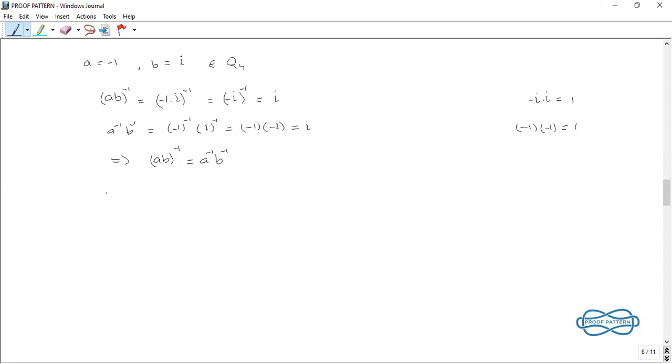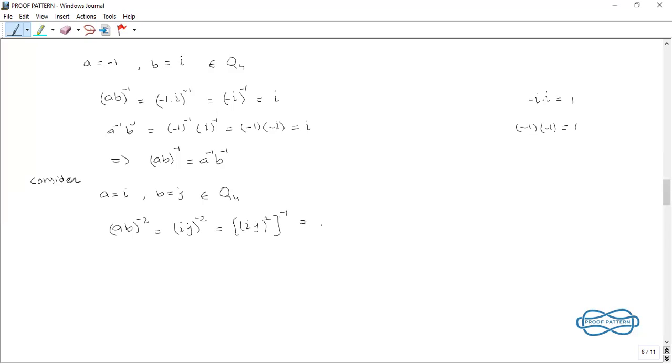Now consider A equal to i and B equal to j from this quaternion group 4. Then consider (AB) to the power minus 2 as (ij) to the power minus 2, which can be written as (ij) square to the power minus 1.